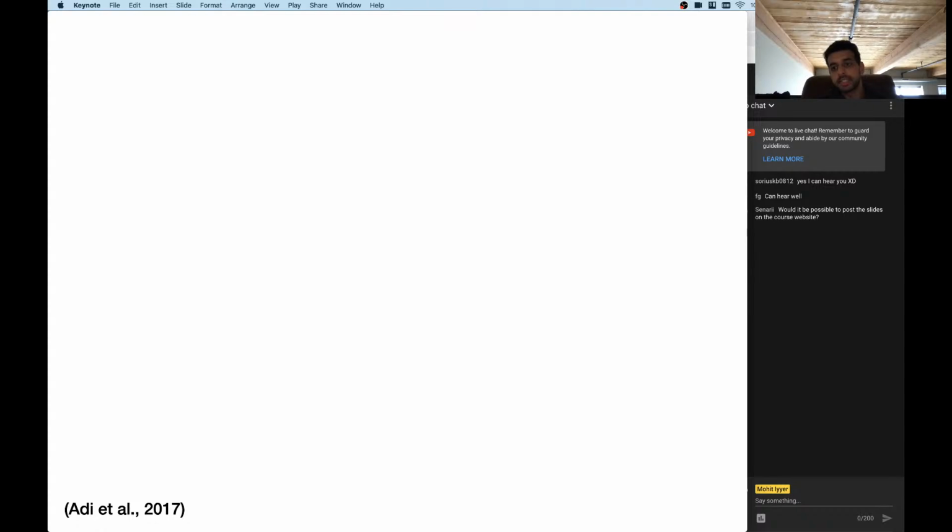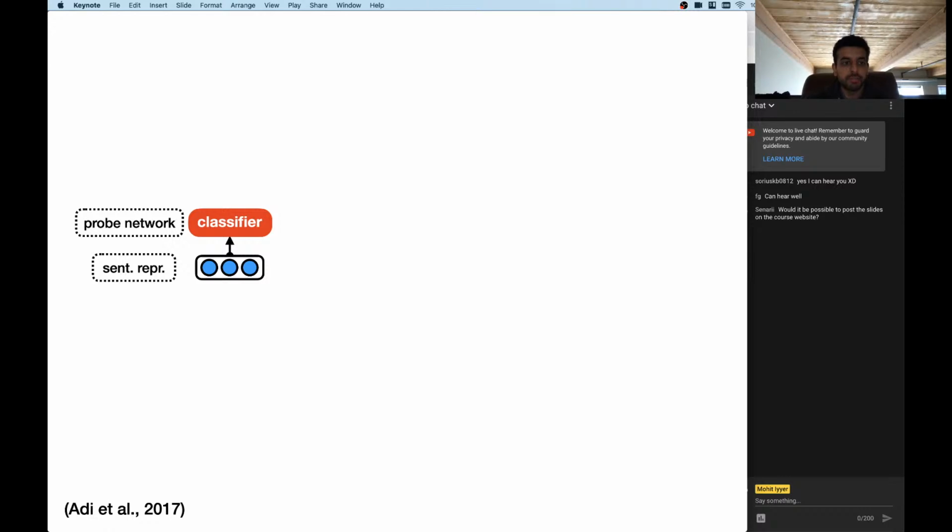So let's take a look at a simple example of what this could look like. Let's say I have some model, say BERT, for instance, that gives me a representation of a sentence. I can get a representation of a sentence by simply passing it through BERT and extracting the CLS token vector. Given this vector, I'm now going to feed it into a classifier.